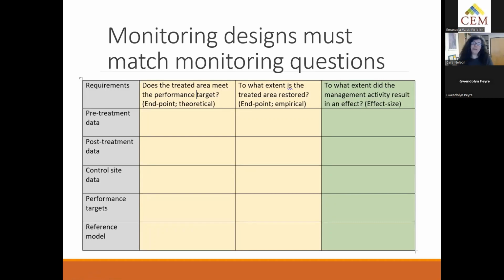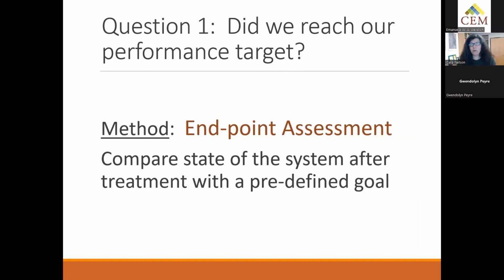But why I'm spending so much time on this is to say, unless you have a clear sense of what you want to learn, you won't know when and where you need to collect data. When meaning pre or post-treatment, where meaning just your treated sites, control sites, reference sites. Okay, so now that's sort of my long introduction. I'm gonna roll through them again. So question 1, did we reach our performance target?